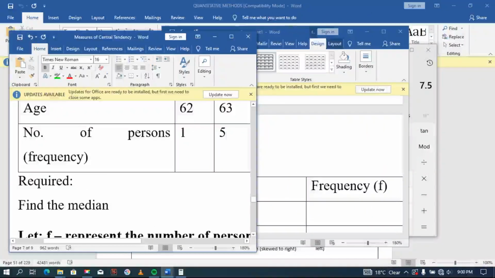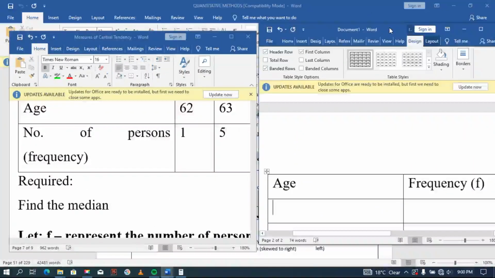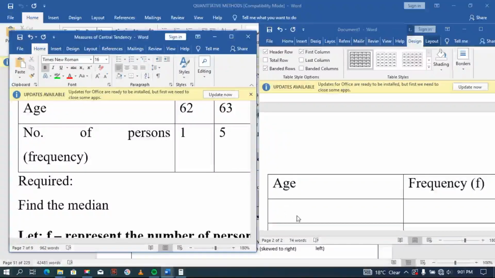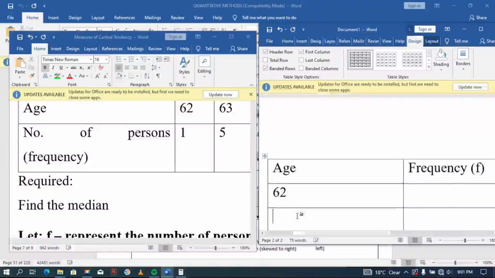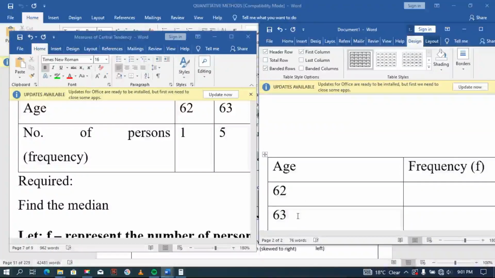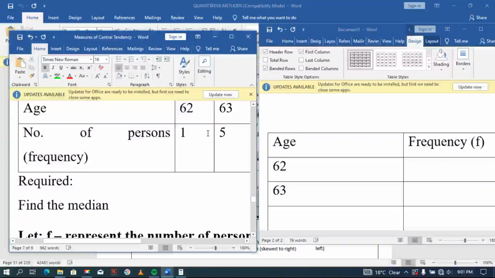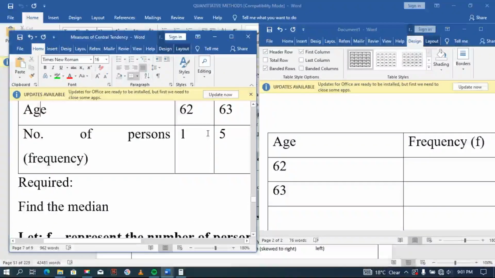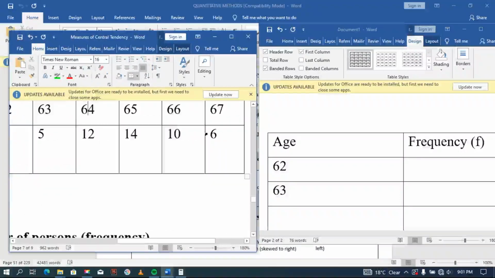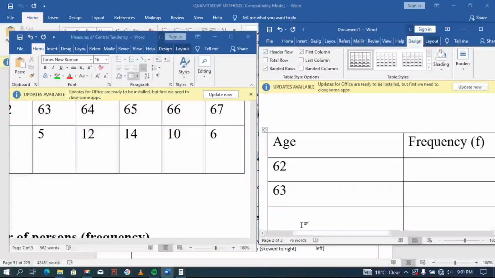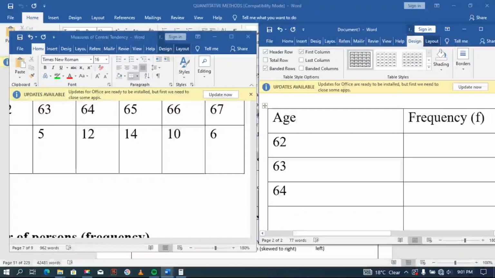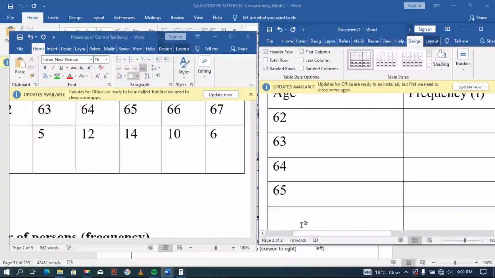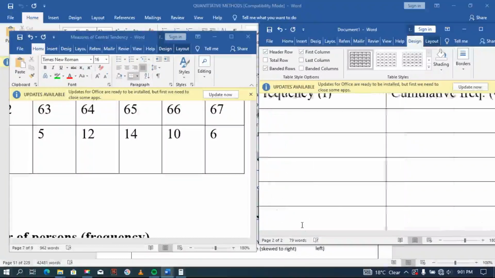For the age we have 62, we have 63, 64, 65, 66, and 67.